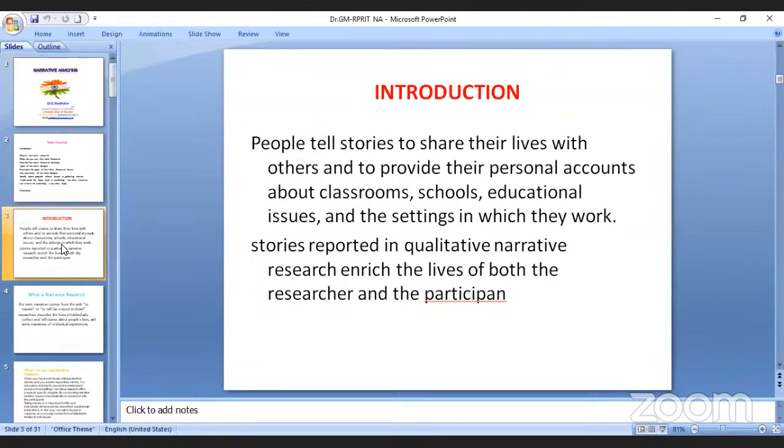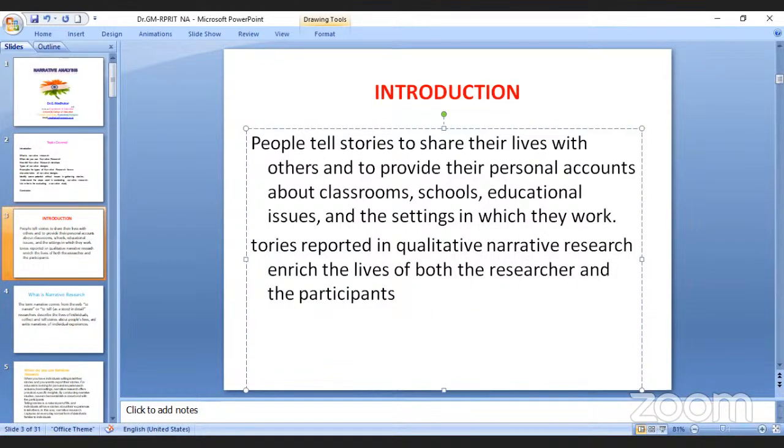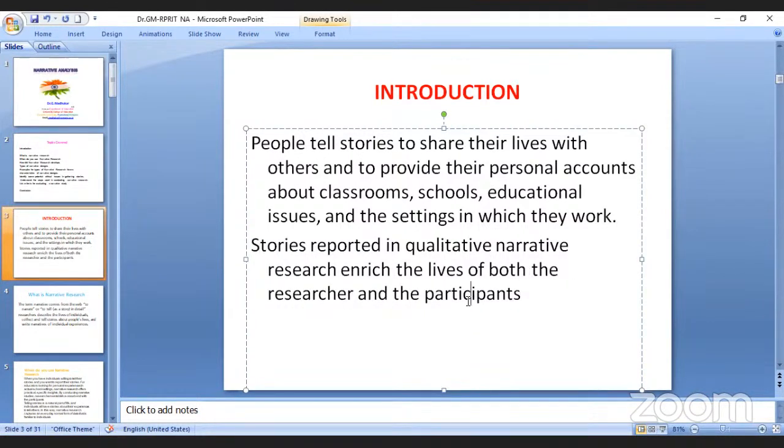So first, what is narration? Anybody have any idea about narratives? Students, if you wish to report some conversations between two people regarding any experience, at that time we can use narrative.